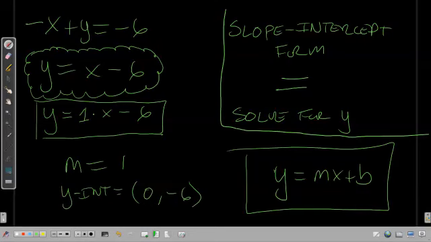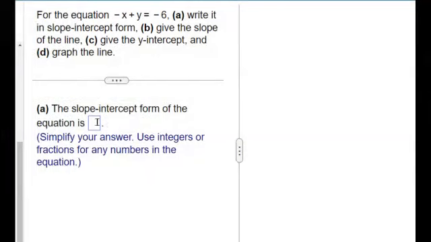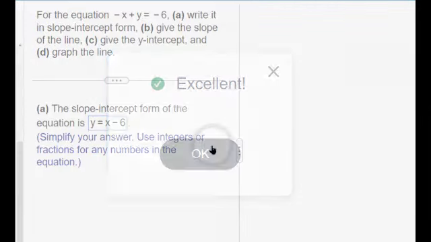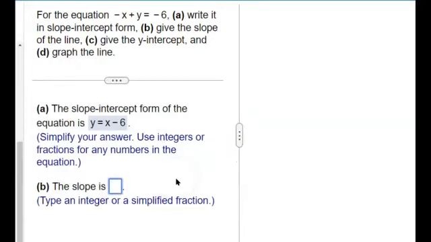Nobody writes the 1. Okay, so we would say y equals x minus 6. The slope is 1. Don't say m equals 1. It'll count it wrong.